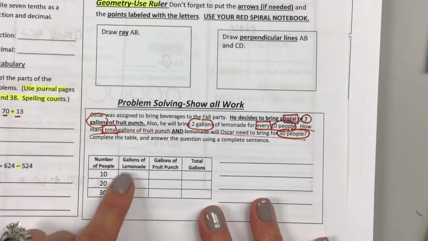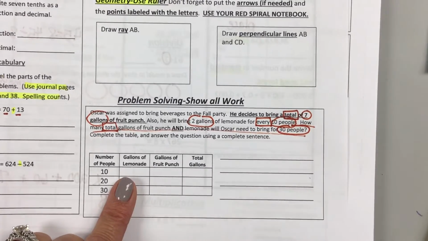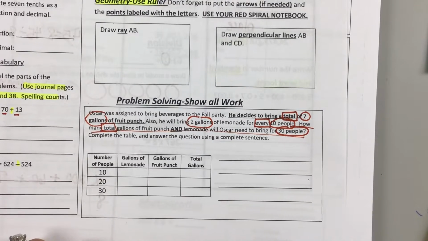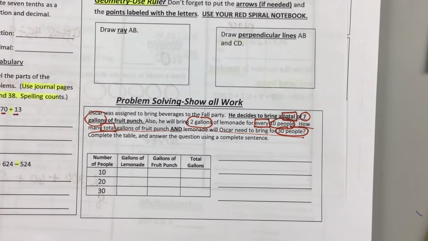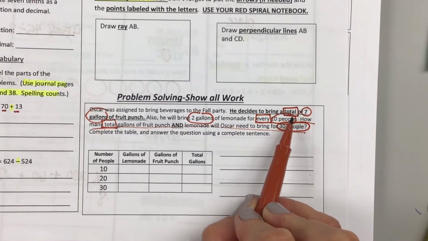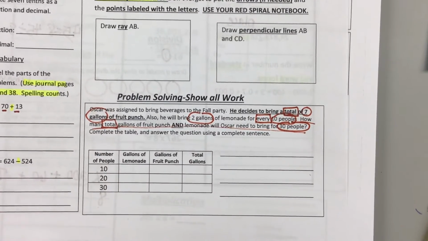Okay, so he decides to bring a total of 7 gallons of fruit punch. So how much total fruit punch is he bringing? 21. How much fruit punch is he bringing? He decides to bring a total of 7 gallons of fruit punch.